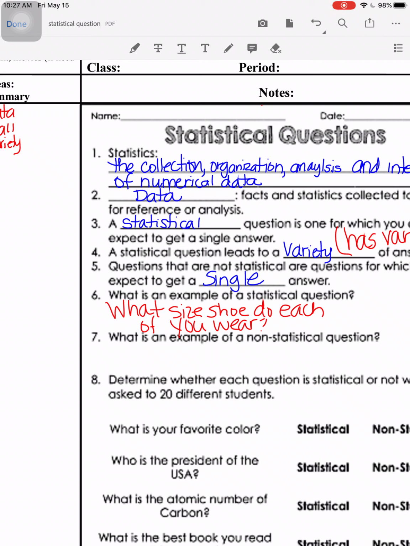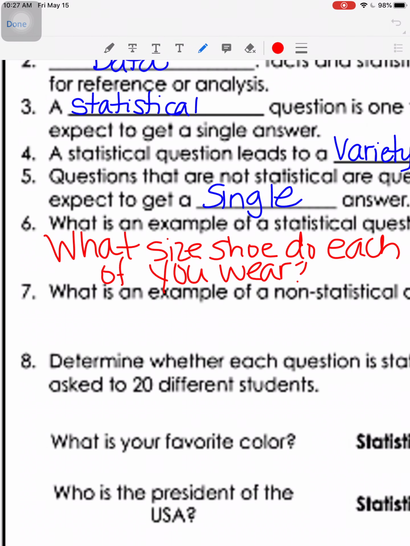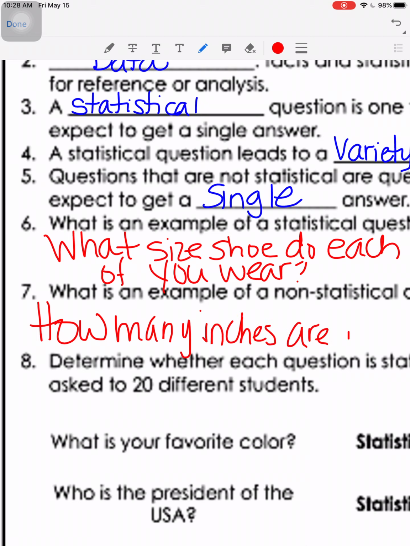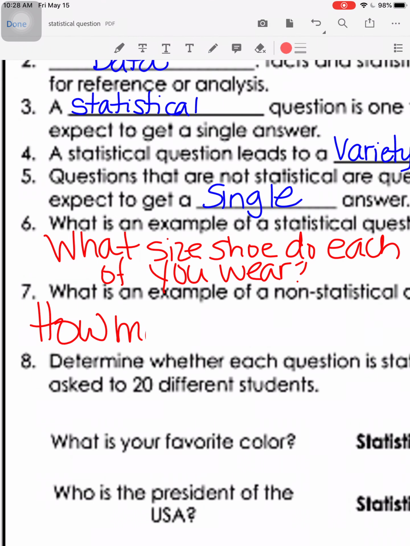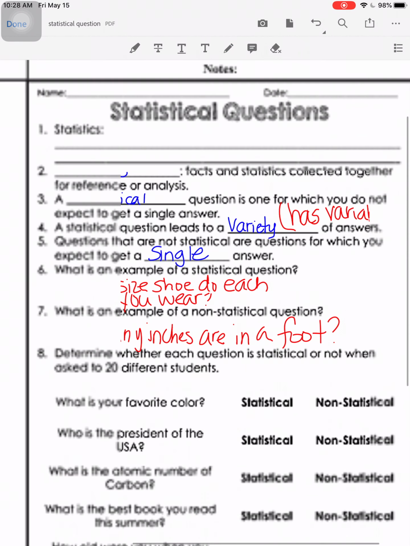What is an example of a non-statistical question? Non-statistical question means that I'm only going to get a single answer. So if I ask the question, how many inches are in a foot? I'm only going to get one answer.